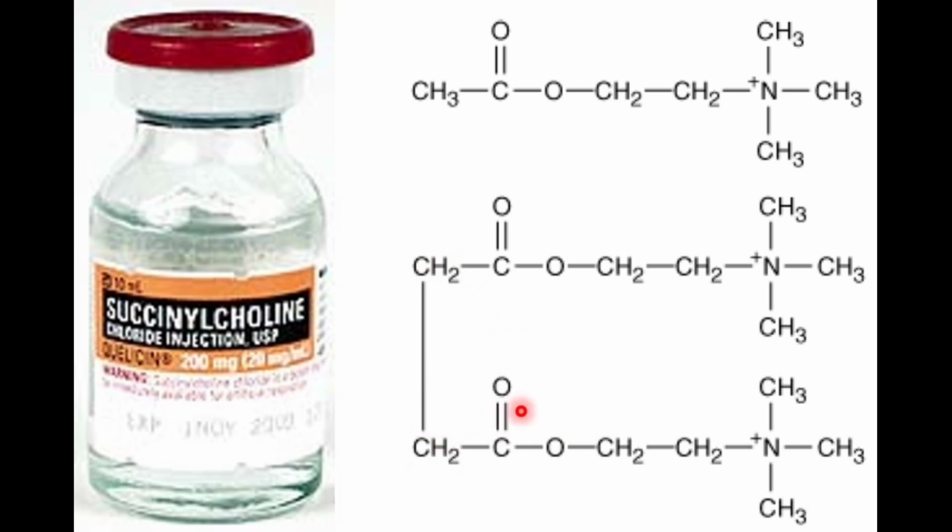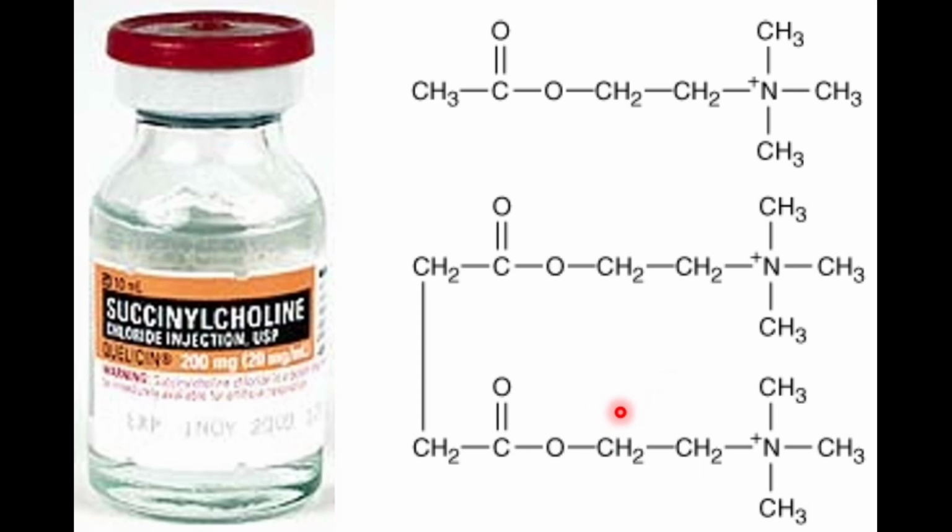What is the difference between acetylcholine and succinylcholine? First of all, succinylcholine is a selective agonist at nicotinic receptor in neuromuscular junction.